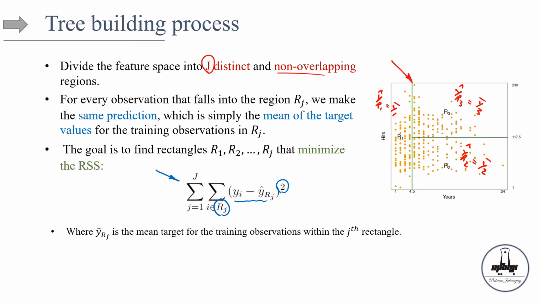So for region number 1, we come up with RSS1, region number 3, RSS3, and region number 2, RSS2, right? So if down the process we are here, we can calculate the summation of these RSS, right? RSS, let's say the J goes from 1 to 3 in this example, right?